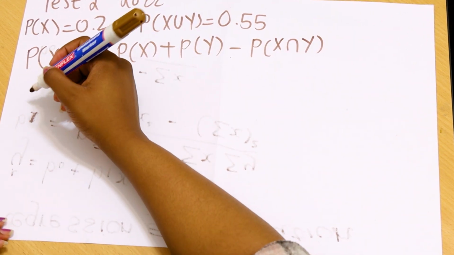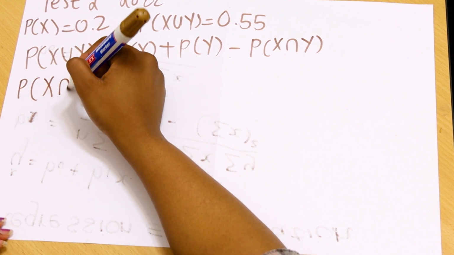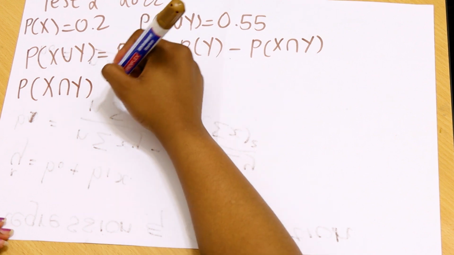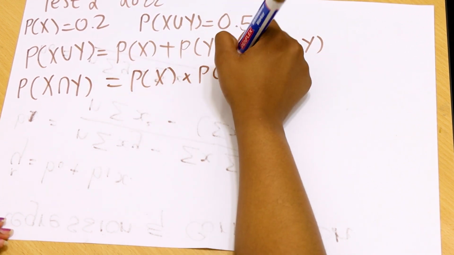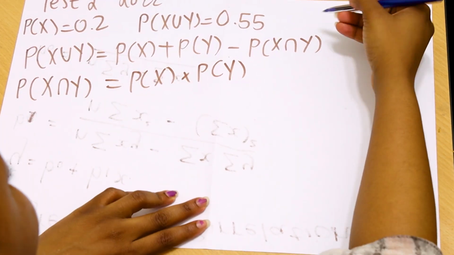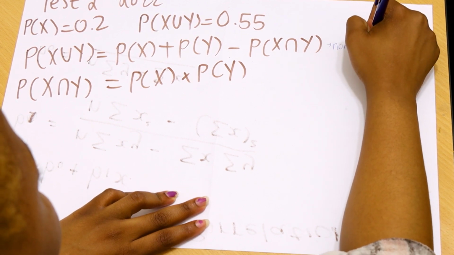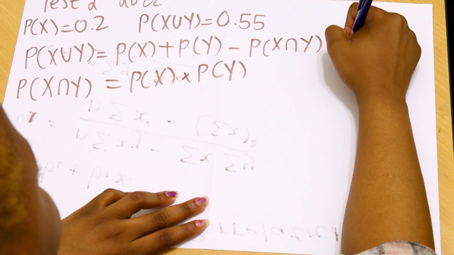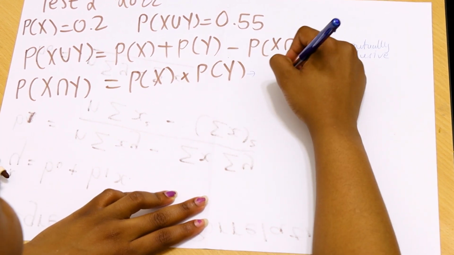And then they told you that the events are independent. If X and Y are independent, then you know that P(X and Y) is P(X) multiplied by P(Y). So this is non-mutually exclusive, and then this is independent.